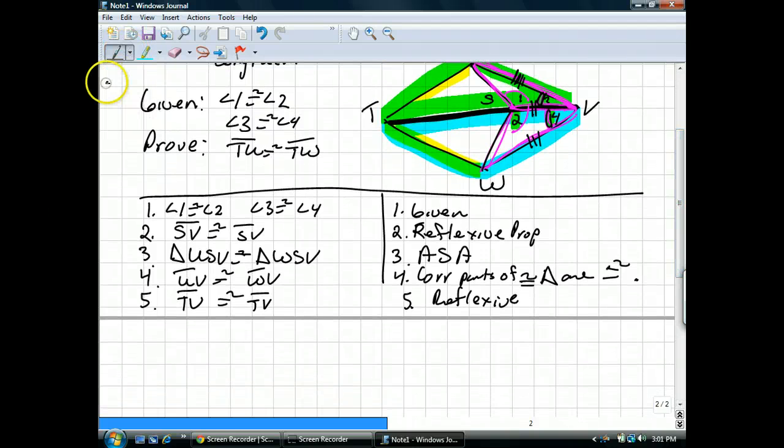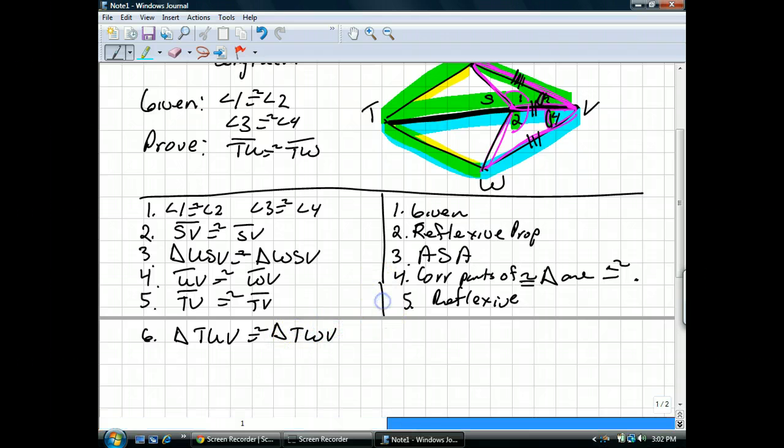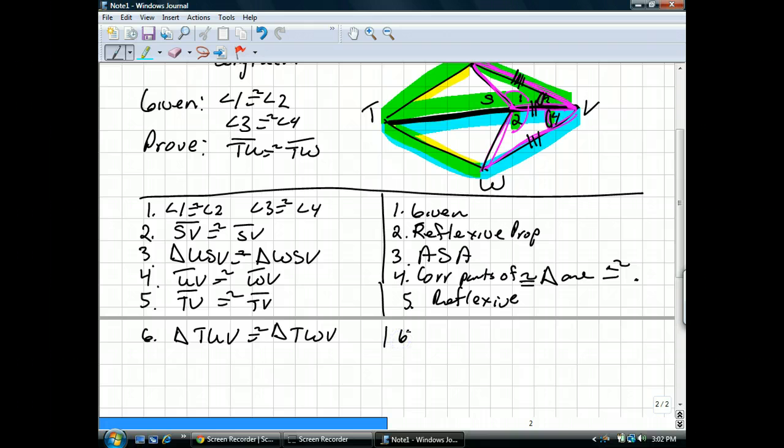So now I can say triangle TUV is congruent to triangle TWV. And that was by side, angle, side.